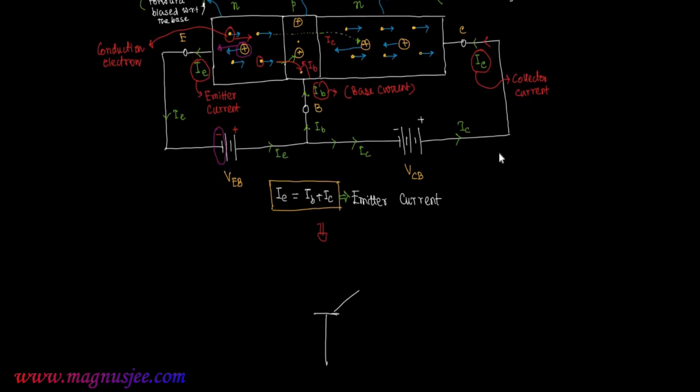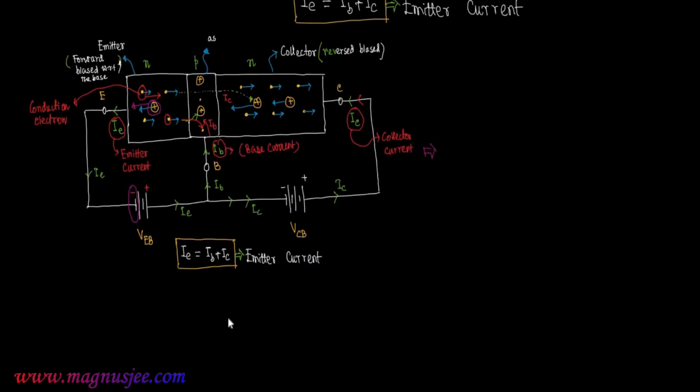This horizontal part is the base. This terminal is the collector, this terminal is the base, and this terminal is the emitter. We have to draw the diagram again.